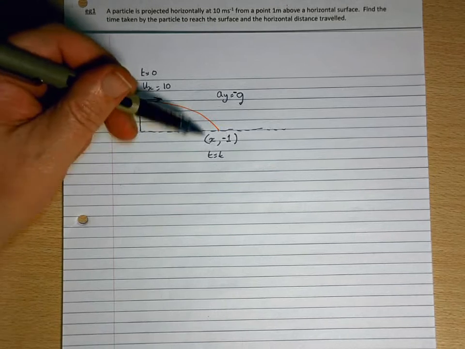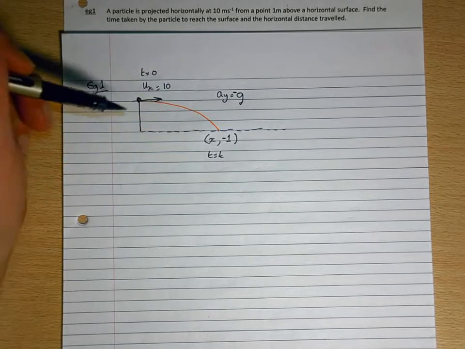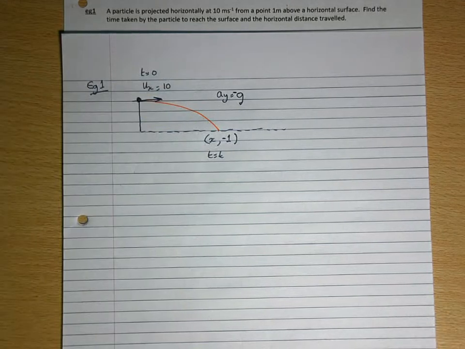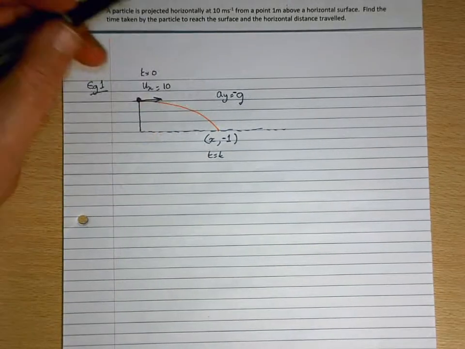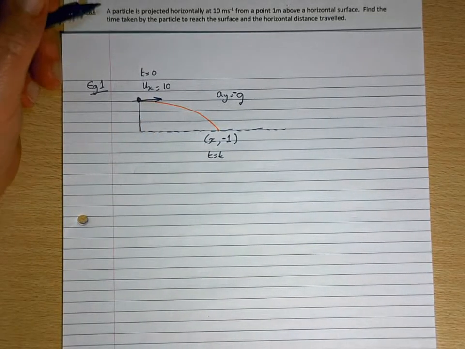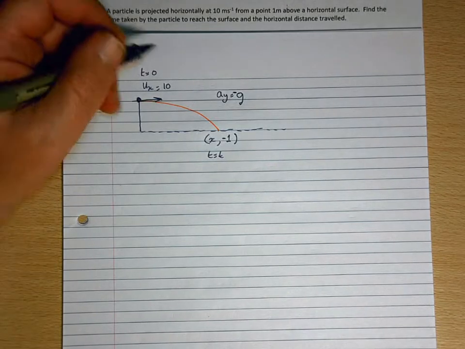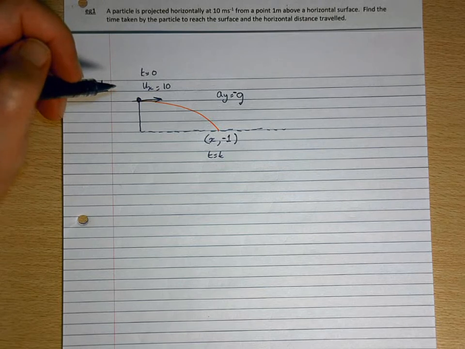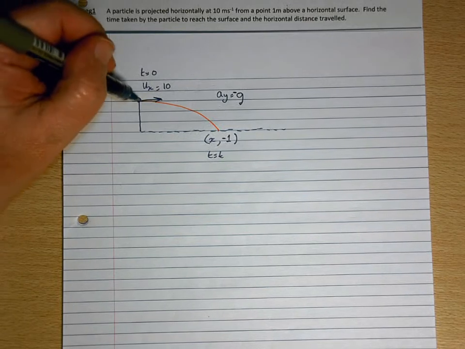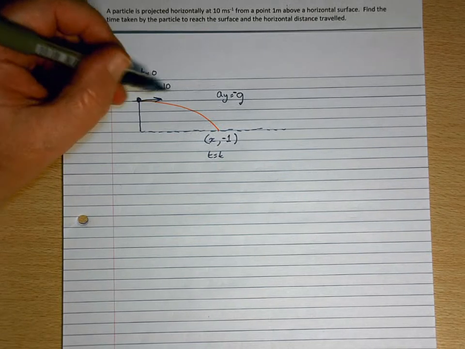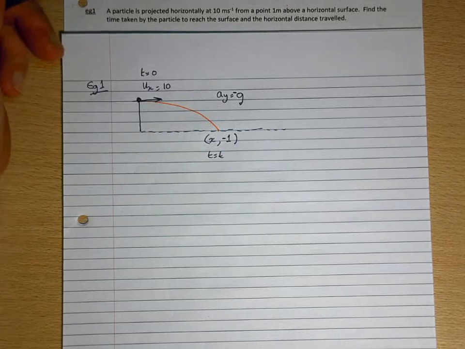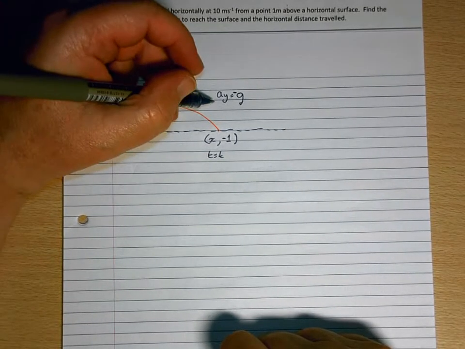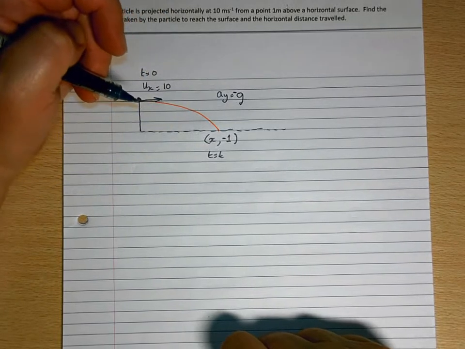We take the downward direction, the negative y or negative j if we're working in vectors, to be negative. So the acceleration due to gravity is going to be -g or -9.8. We also know, because there is no propulsion, that is the only acceleration that's going to happen. So there is going to be no horizontal acceleration.